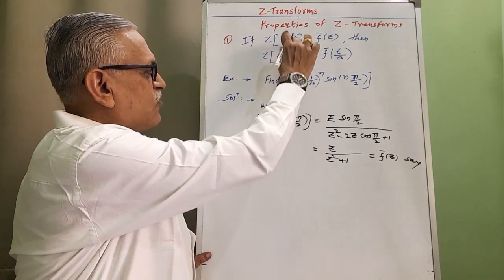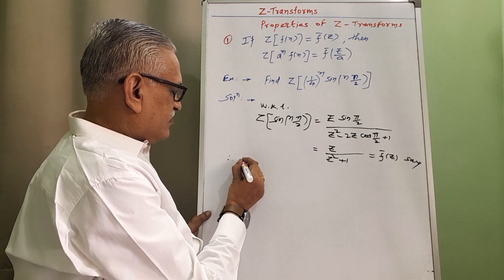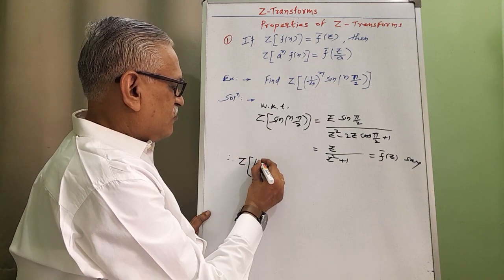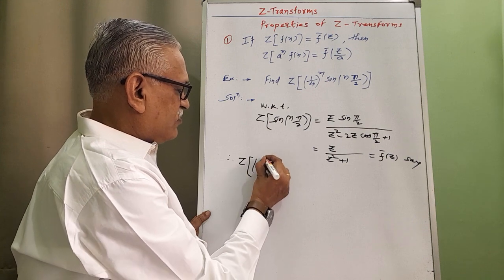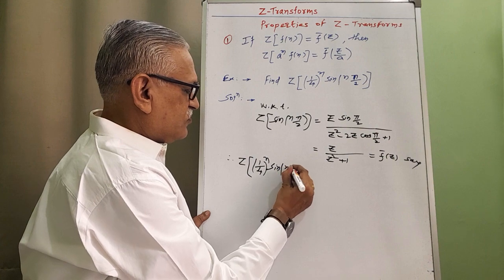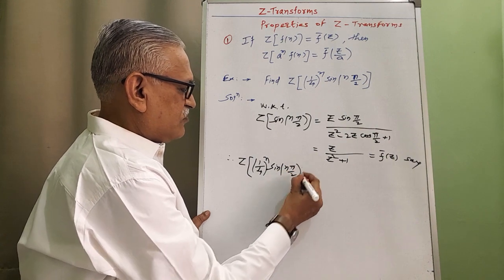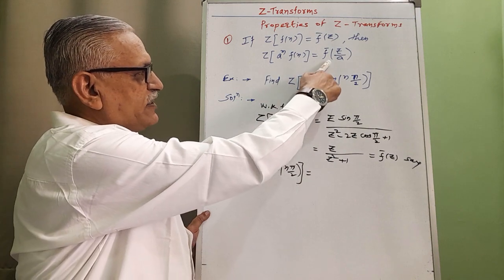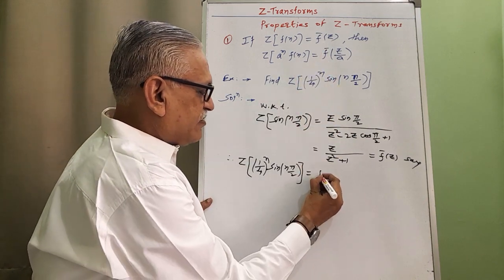Then, applying this property, Z transform of 1 by 4 raised to n into sine of n pi by 2 is equal to, as per this property, f bar of z by a.